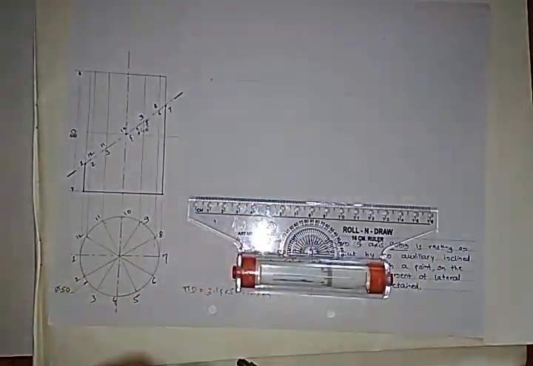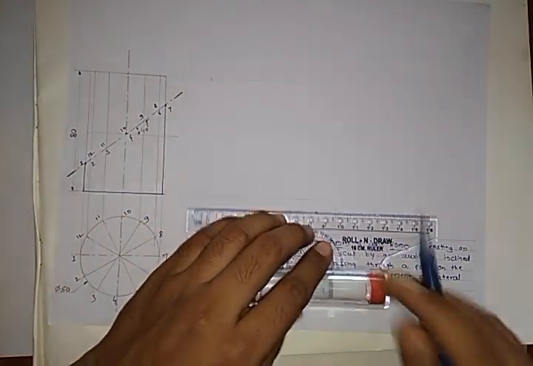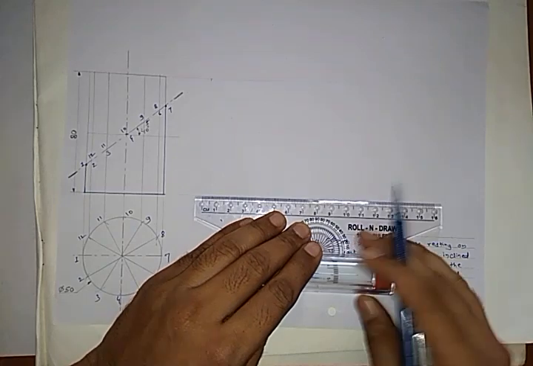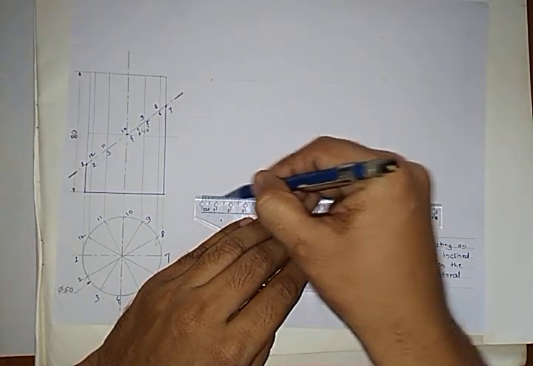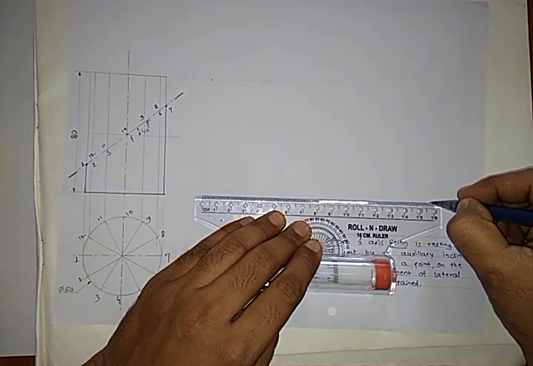We know that if here is the cylinder, and if we develop that, developing means to open the surface of that body. So if we open this, we get a rectangle. Okay, that is the development of the cylinder. So in this case also, if we are opening that cylinder, the length that is available to you is nothing but the circumference. So I'll mark here that 157 mm.